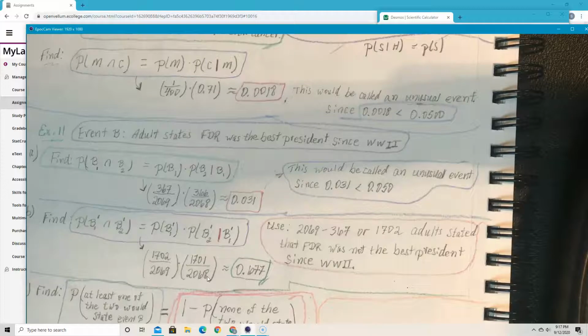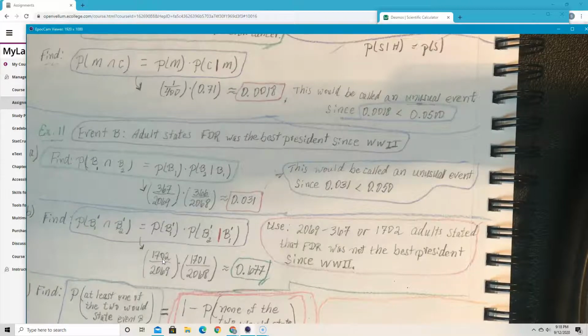And since they're asking us what's the probability that both people would state FDR was not the best president, that means on the first pick, it was a person who stated FDR was not the best president.